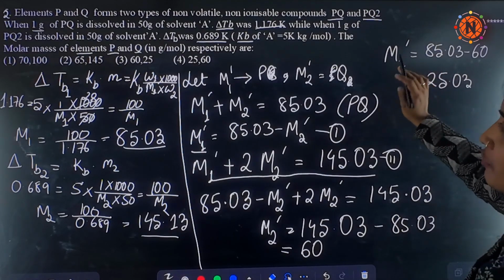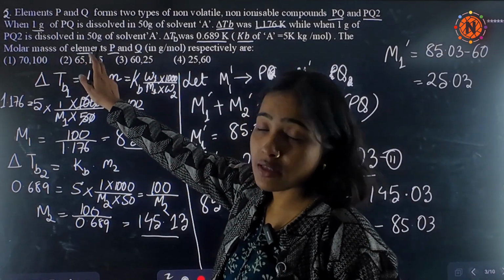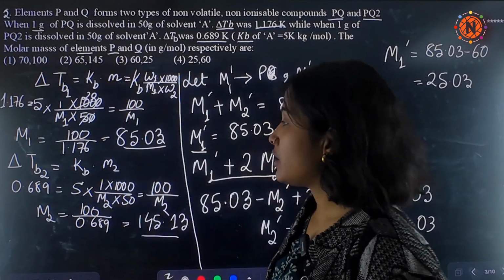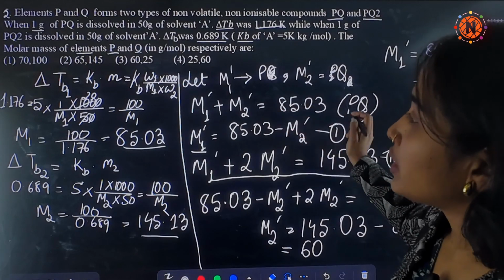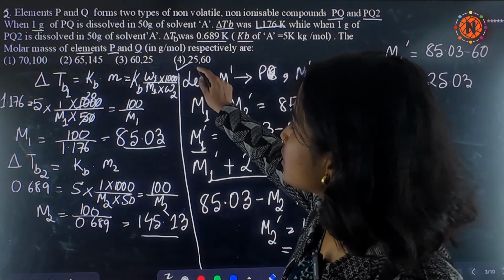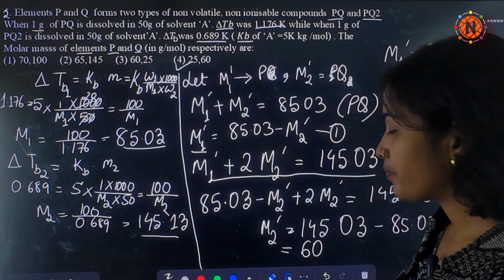So I have found the molar masses of elements P and Q in the given two compounds. The very first, for P, it is 25, so our option number 4 will be correct.